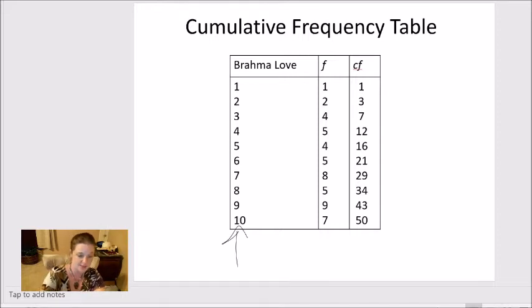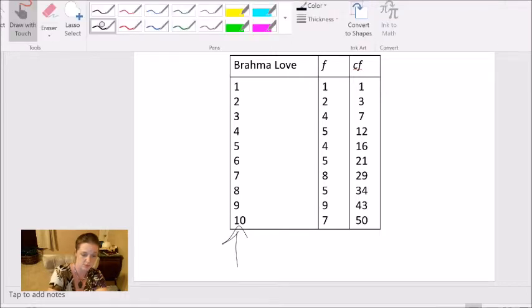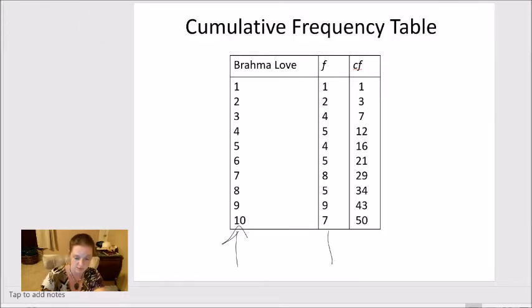Over here on the right, there's still going to be how frequently that particular score occurred, right? Where 7 people chose 10. On a scale of 1 to 10, how do I feel about the Brahmas? 10. 7 people chose that. But then in this last column, you're going to keep a running total as you go.